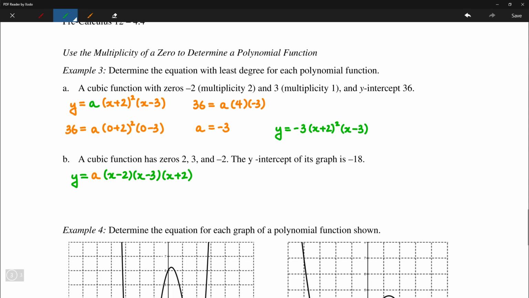So once again, if we let x equal 0, this is what we'll get. Oops, sorry about that. All right, so if we were to solve for a, it would simply be negative 3/2.